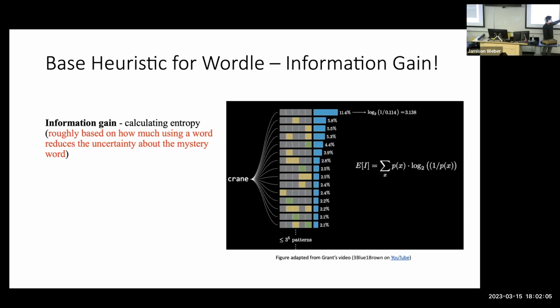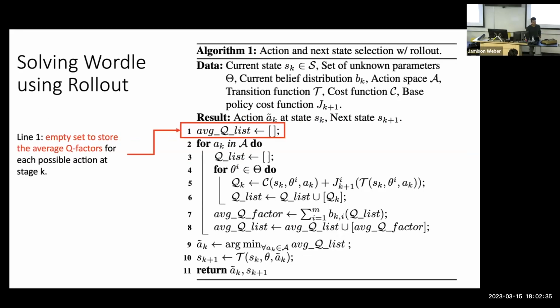Maybe only 2.1% of the 2,315 words follow this pattern after crane is played. That's exactly what information gain is telling me: what happens if I take this guess word and based on the observations. So naturally, the intuition is that I play the word that reduces my search space the most. There are many ways you can try to minimize the search space, and information gain is just one of the methods that has been very useful in practice.